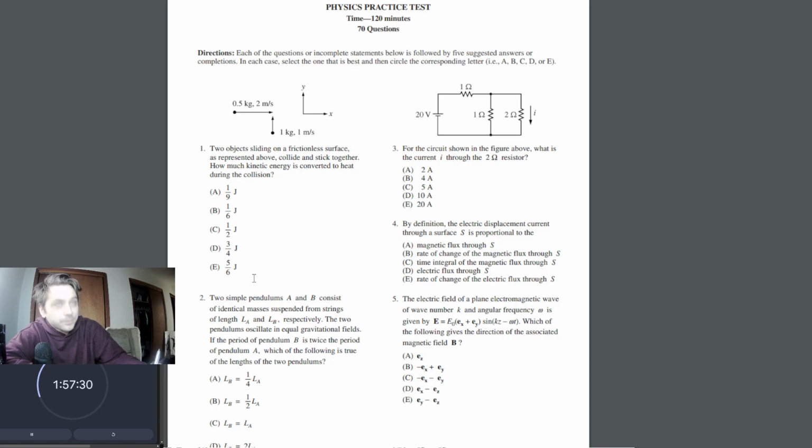Voltage 20 is equal to... an ohm cuts it in half. I don't know what an ohm of resistance, and it goes in series.